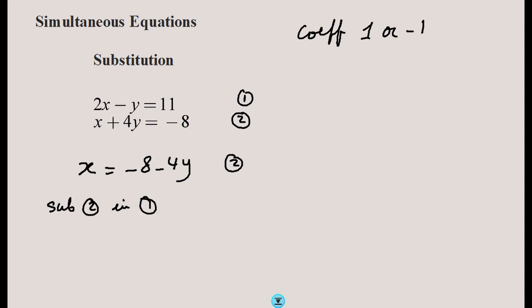Now what we do is we substitute equation 2 in 1. But keep in mind that we have x here and x here. So what we do is that we write 2, which is this 2, and in the place of x we write -8 minus 4y, and we continue with this equation, minus y equals 11.